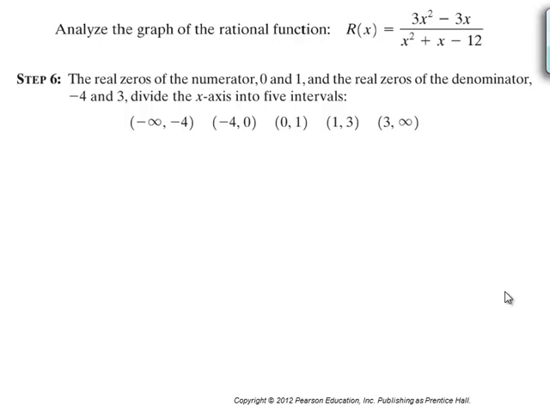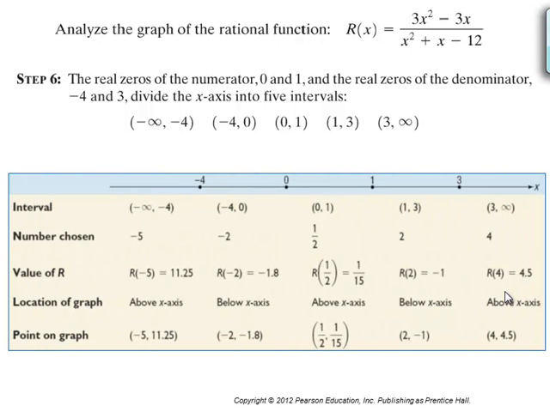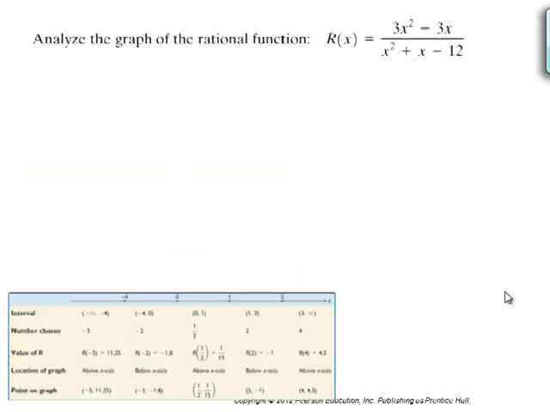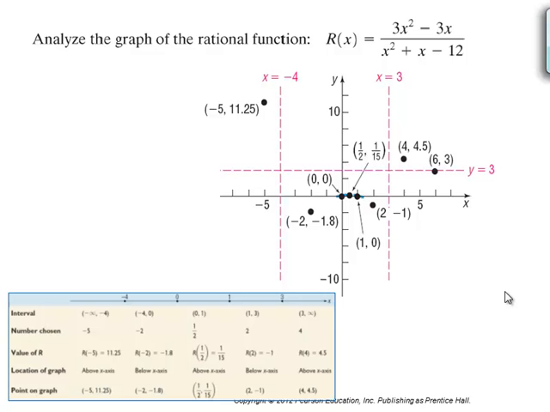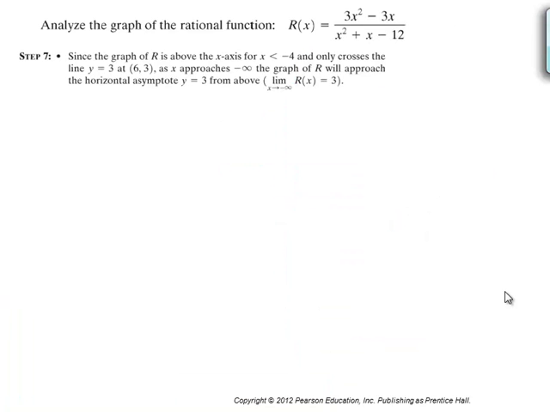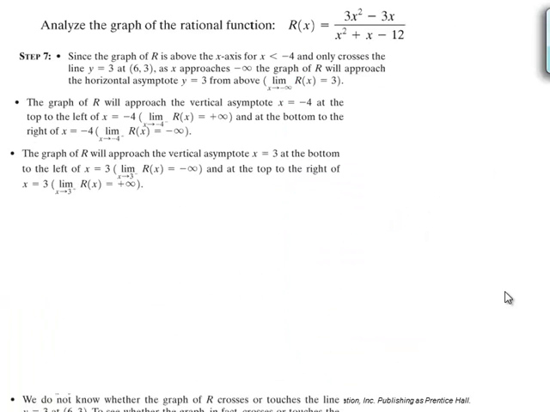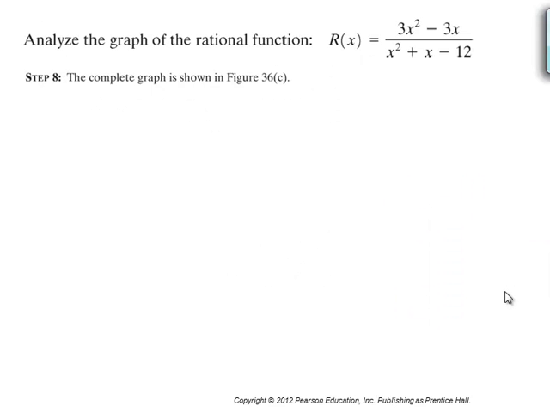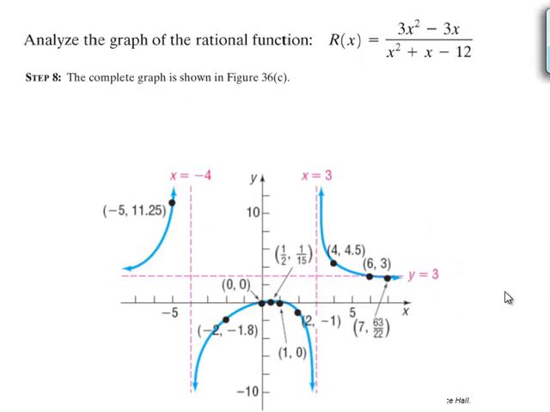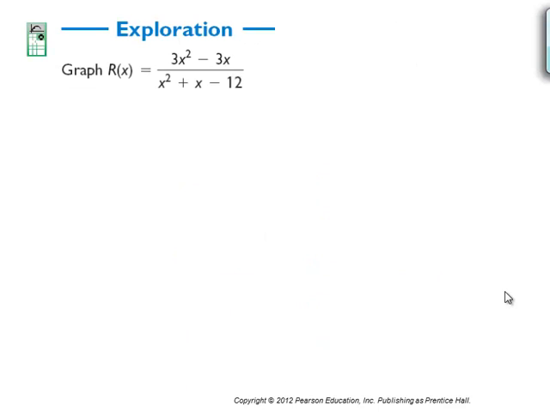There you're dividing up the x-axis, examining whether the graph is going to be above or below the x-axis, and so forth, and then the behavior of the function near the asymptotes. So I'll let you look all that over on your own, and then put everything together and sketch your graph.